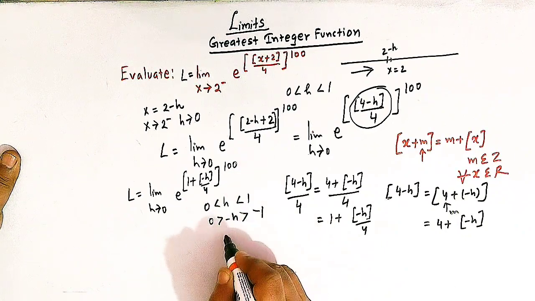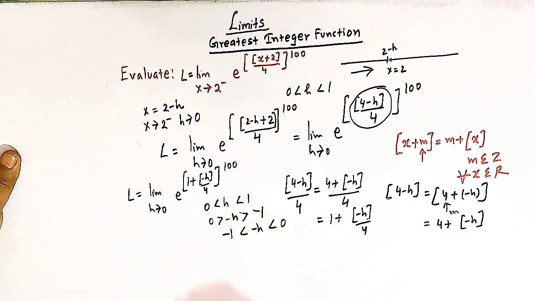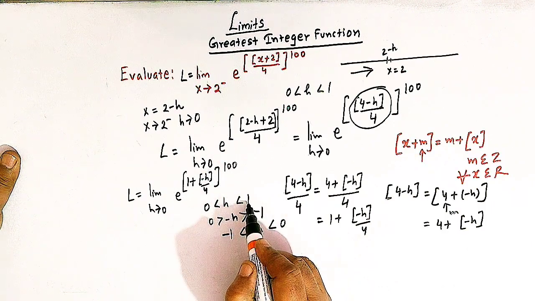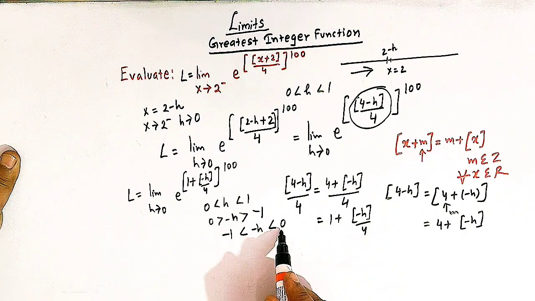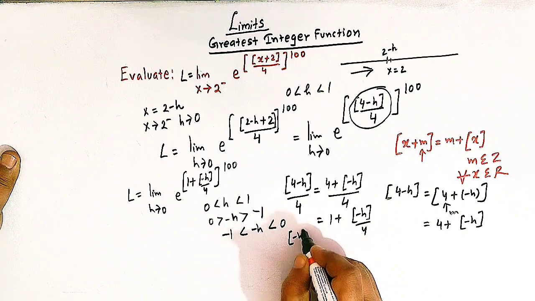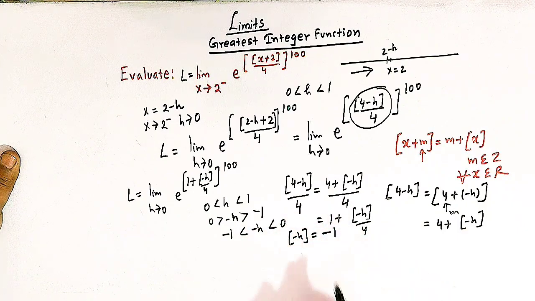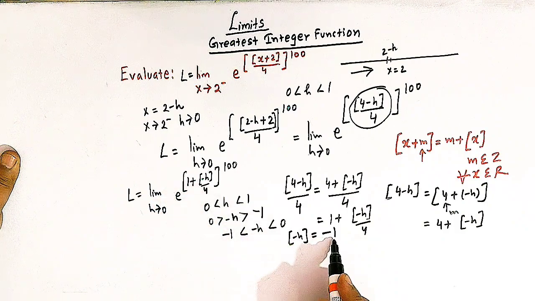We can also rewrite this inequality as minus 1 less than minus h less than 0. So when h lies between 0 and 1, minus h lies between minus 1 and 0. So the greatest integer of minus h should be equal to minus 1. We can now take the greatest integer of minus h as minus 1.